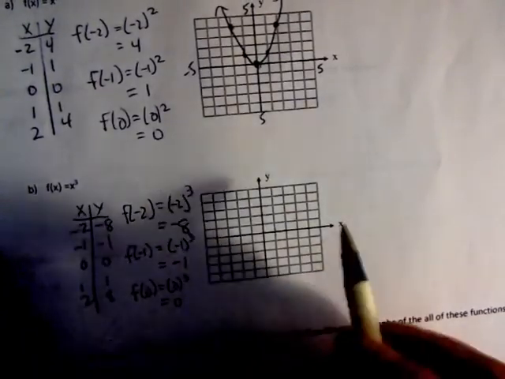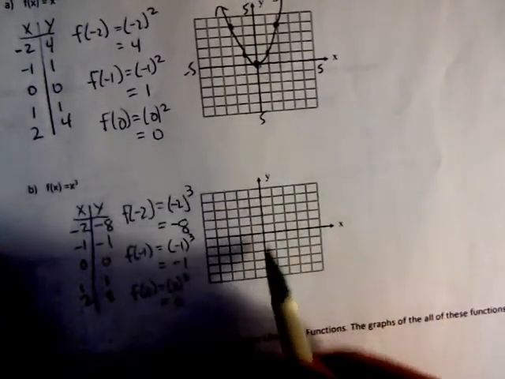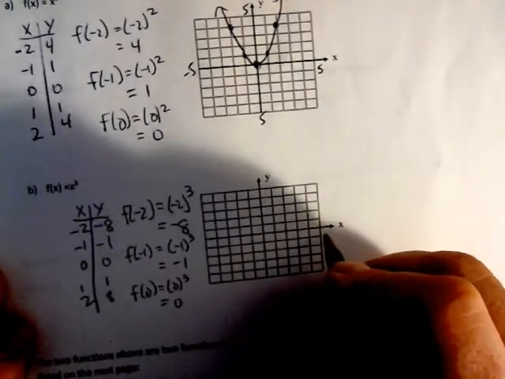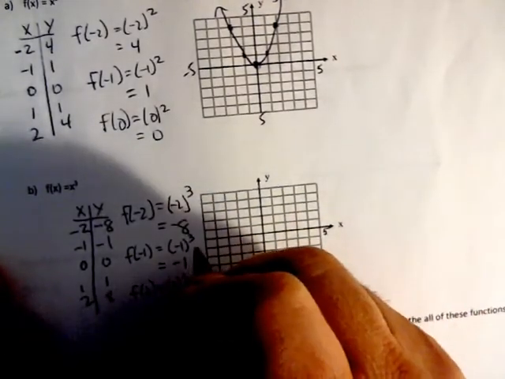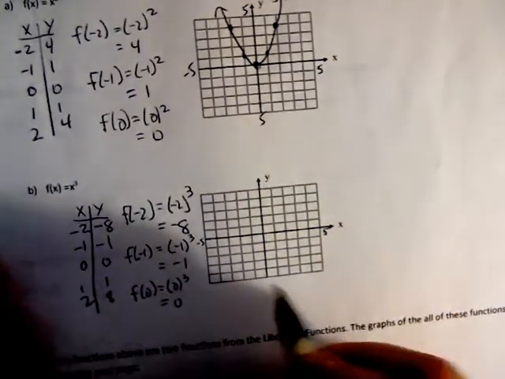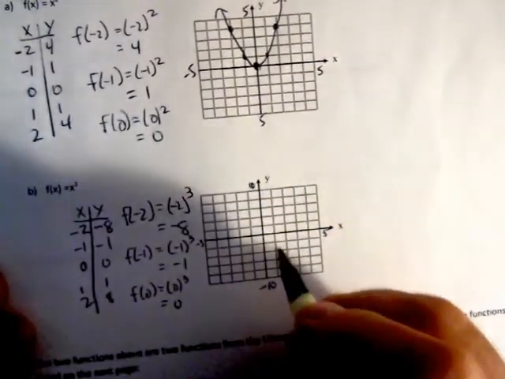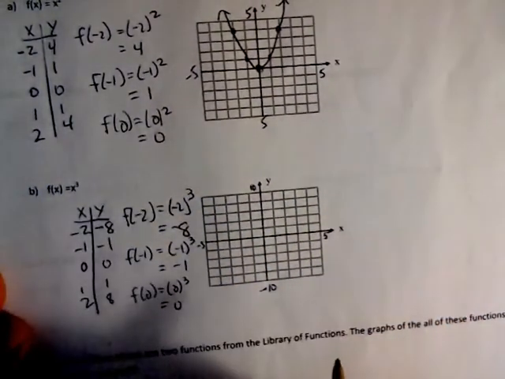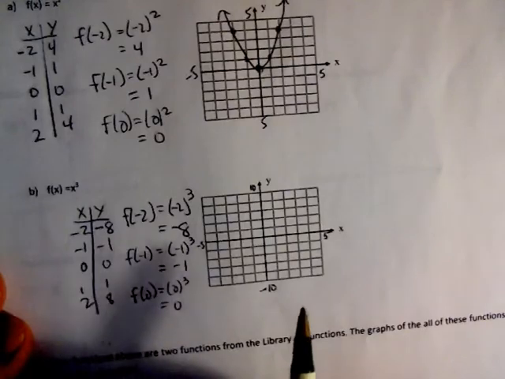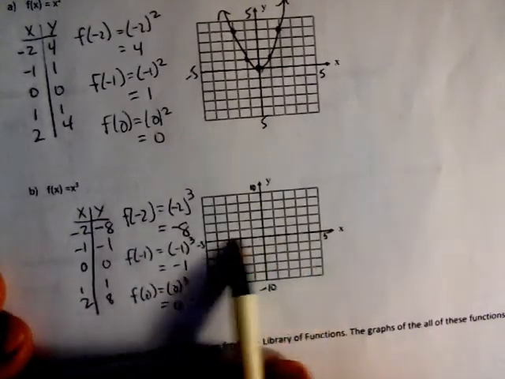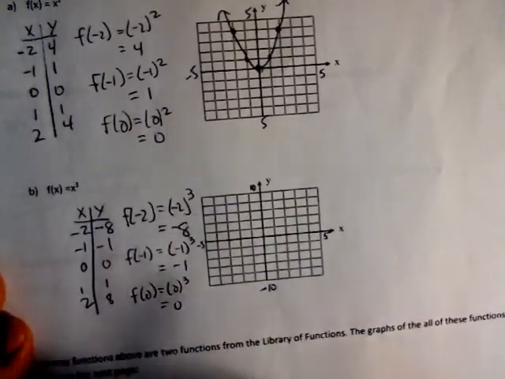The other issue here is I only have 5 units in each direction, which is fine for my x's. But my y's, I need to plot -8 and +8. So what I'm going to have to do is go up by 2's on the y-axis. And that's fine. You can do that. The x can be 1 unit and the y can be a different one.